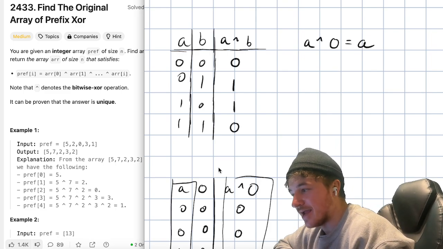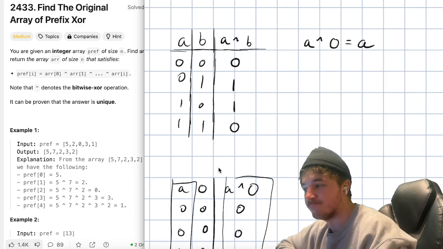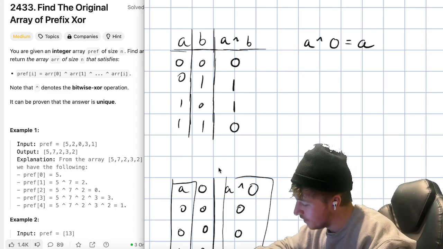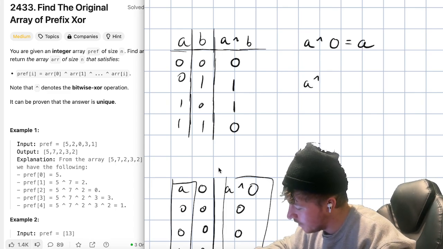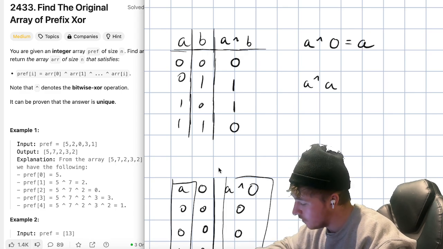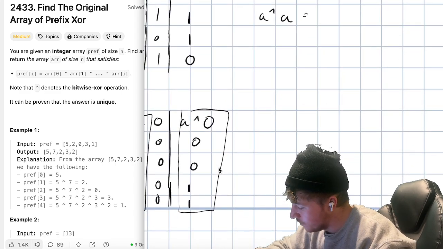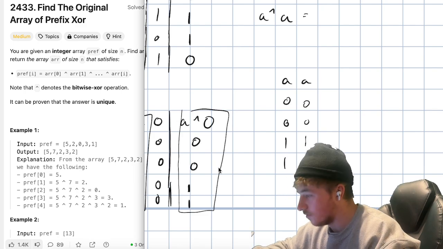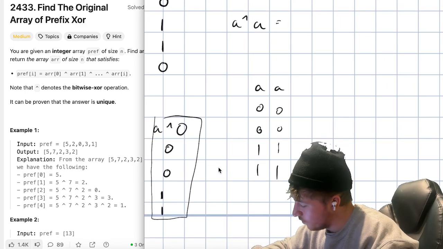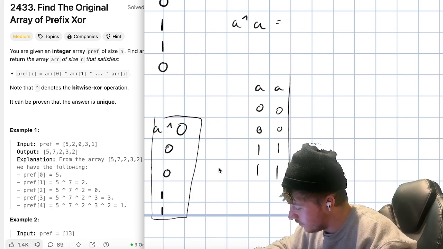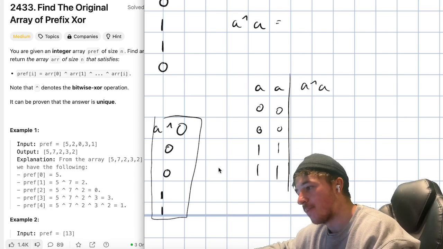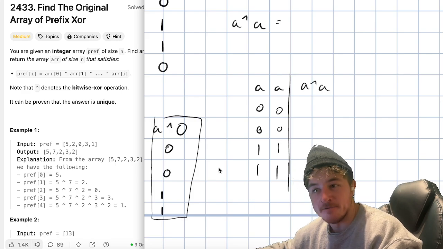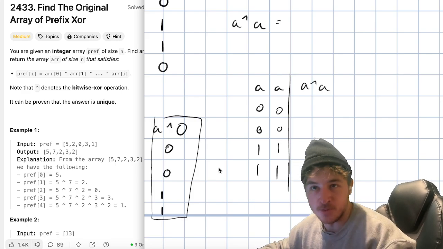Okay. What about A XOR itself? What is A XOR A equal to? All right, well, let's write out the table again. So we have A being 0, A being 1. What's the result of XORing A with itself? Well, if you think about it, when A is 1, they're both 1, so it becomes 0.